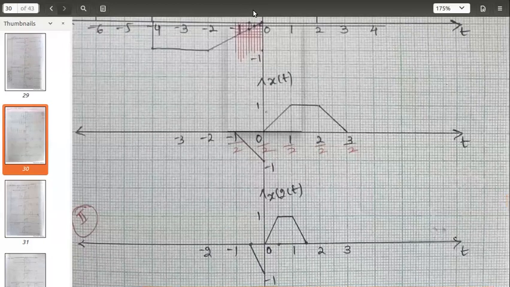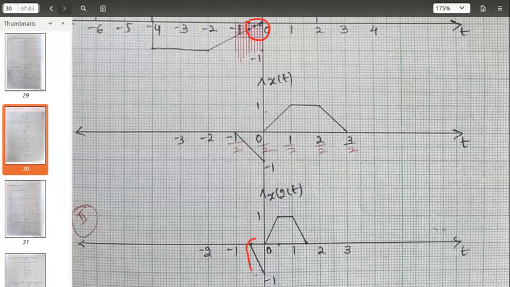Try multiplying this part with this. We'll see. Observe very first thing. The first signal has negative amplitude. The second signal is also having a negative amplitude. See, minus 1. It is coming downwards.